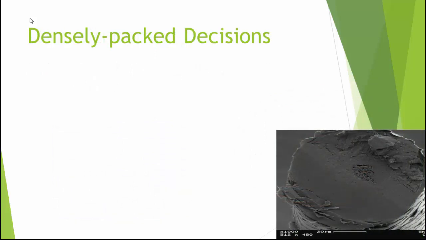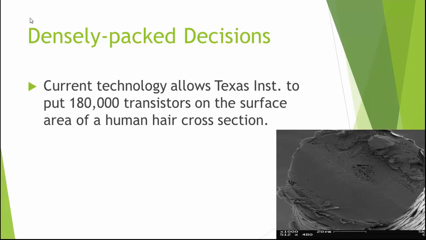Now the result is densely packed gates on a given chip. In some cases we don't have that many gates on a chip, but in other cases we want them as closely packed together as we can get them, making an extremely small, extremely fast processor.